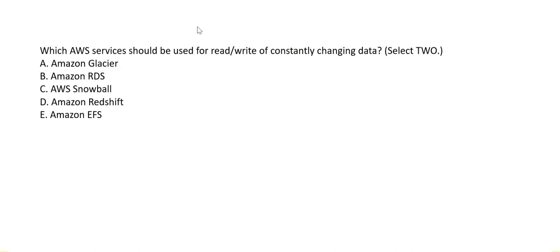Which AWS services is used for read write of constantly changing data? So the keyword here is constantly changing. Glacier is cold storage, not for constantly changing data. RDS is for constantly changing data because you can put your OLTP database on it. Snowball is not for constantly changing data, it is just for one time migration of your on-premises data to cloud. It's a petabyte scale storage device.